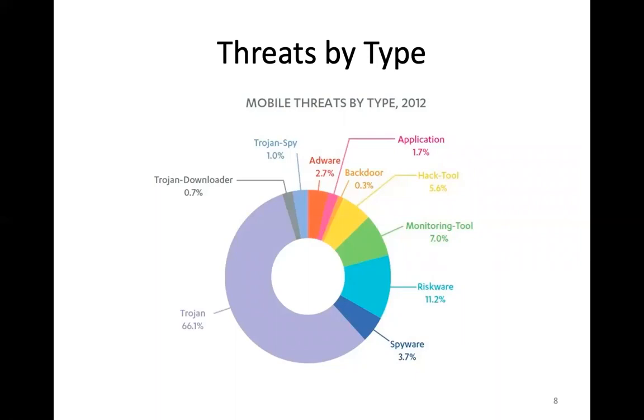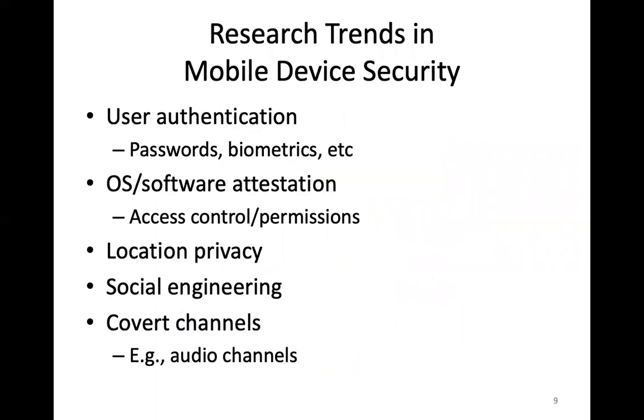There are all kinds. There are Trojan horses, spyware, monitoring tools that monitor your activity, things that insert backdoors, and things that display ads to you, Trojan downloaders which end up downloading other bad software, and so on. So that's the threat that we are looking at in the mobile space.